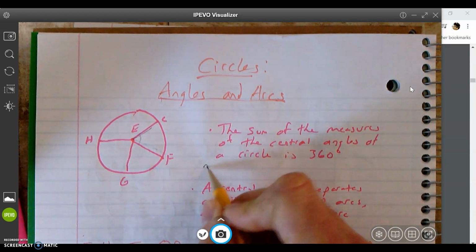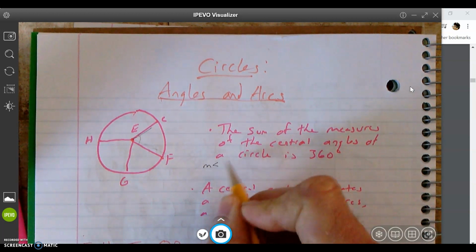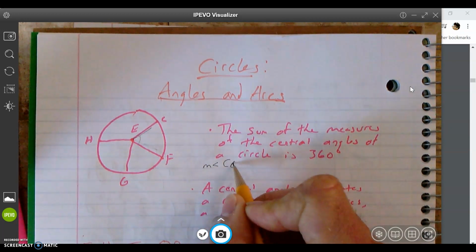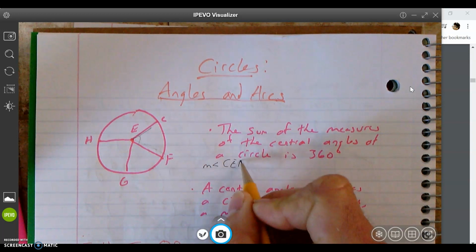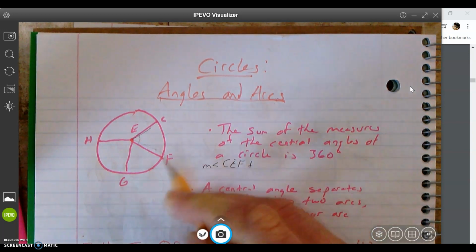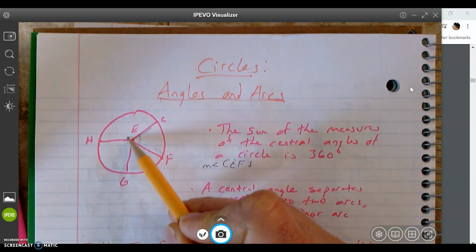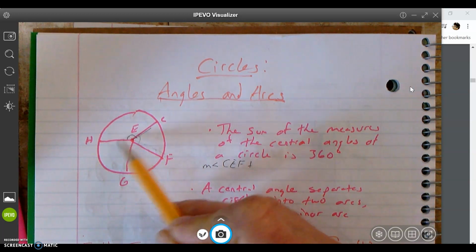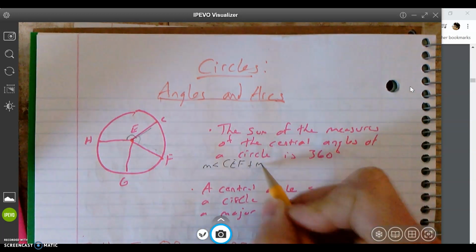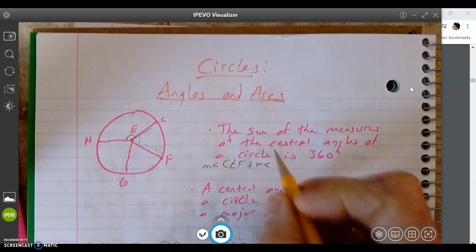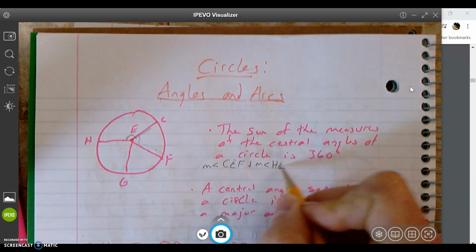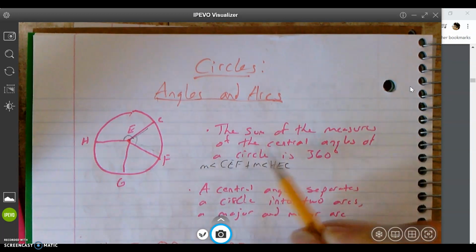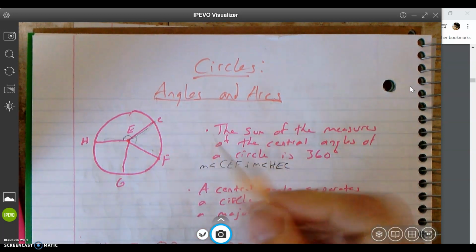So the measure of angle CEF, write that down, plus this angle here, which is another central angle, the measure of angle HEC, or you could say CHE, same thing.